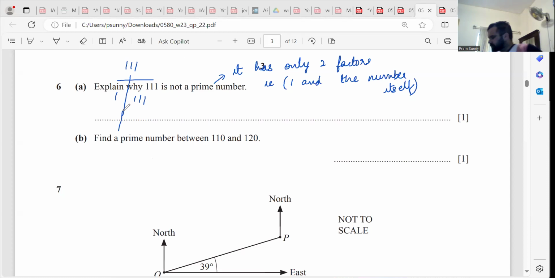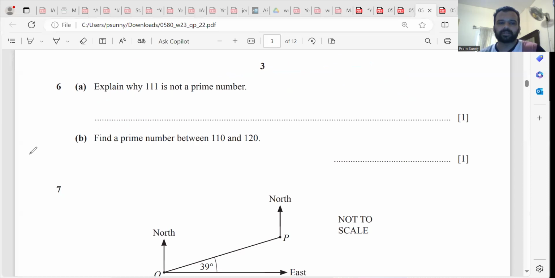And let's check in 3 times table if 111 is coming. So 111 divided by 3, yes, in 3 times table, 3 times 37 is also 111. So I have more than two factors. In total I have 4 factors, which means that 111 is not a prime number. So the answer will be it has more than two factors.